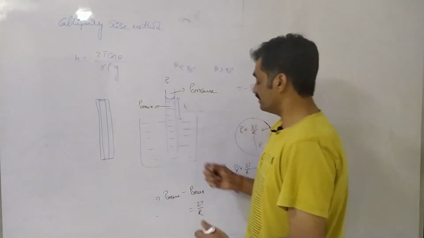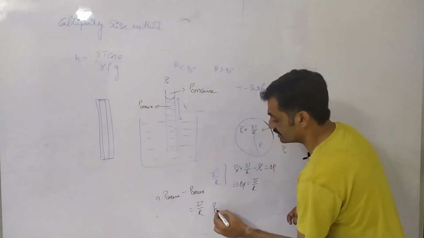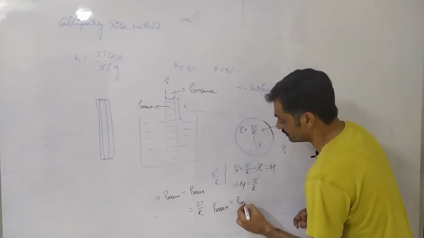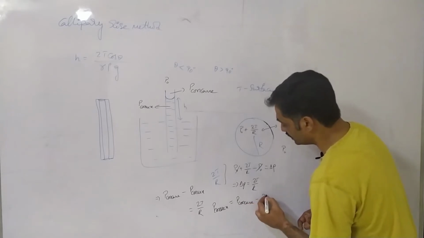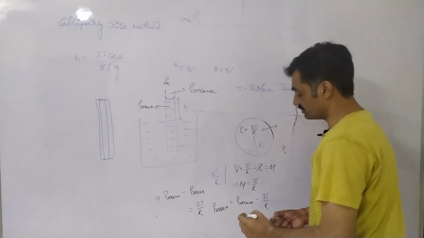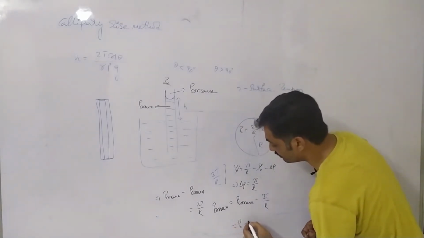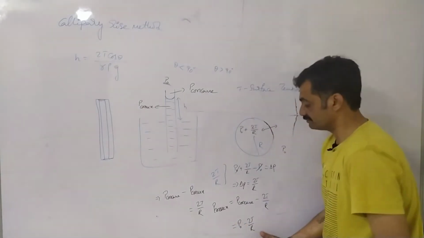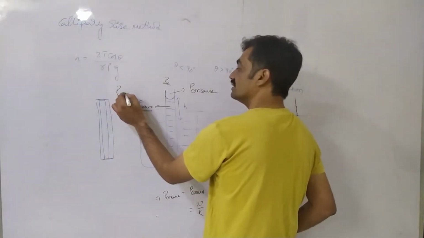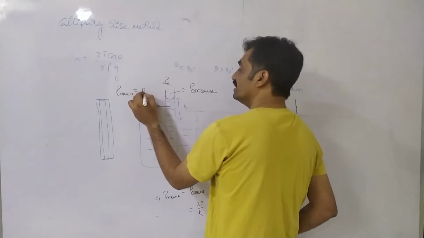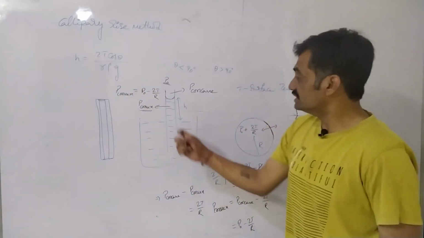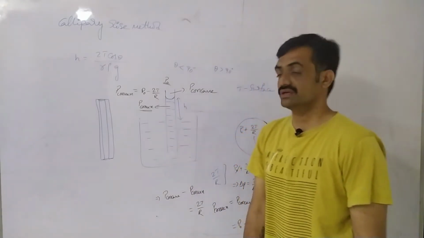So the pressure on the convex side is equal to the pressure on the concave side minus 2T by R. The pressure on the concave side is nothing but atmospheric pressure, P naught, so the pressure on the convex side is equal to P naught minus 2T by R. This is the pressure acting at this point.